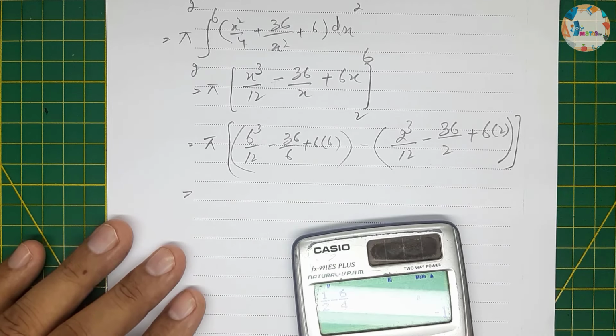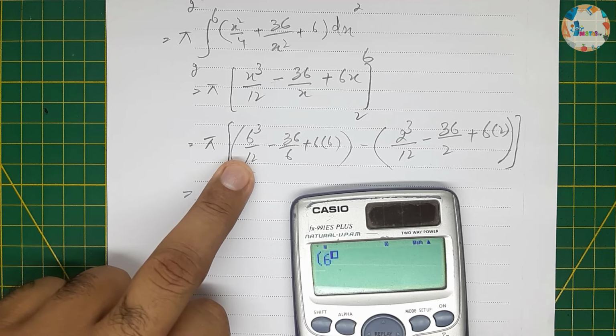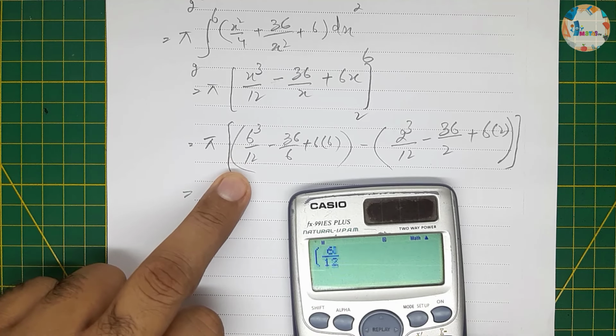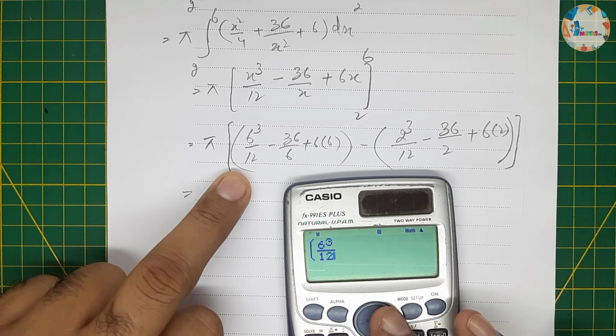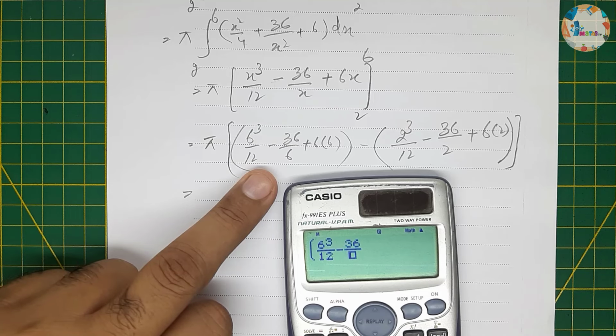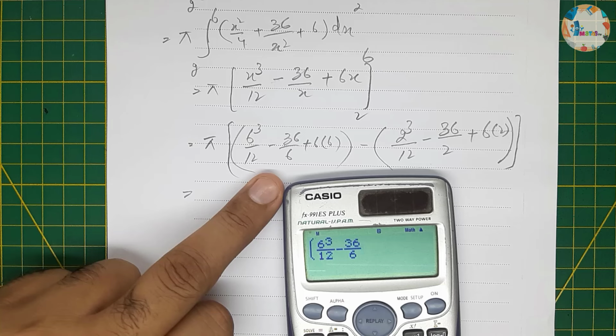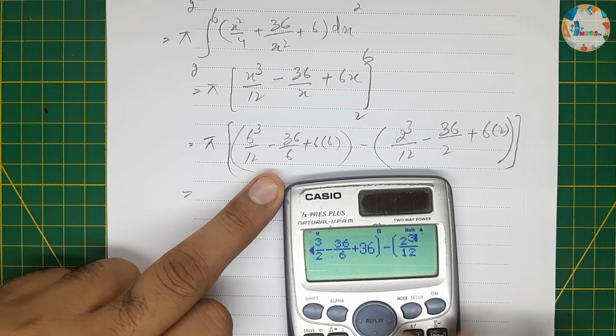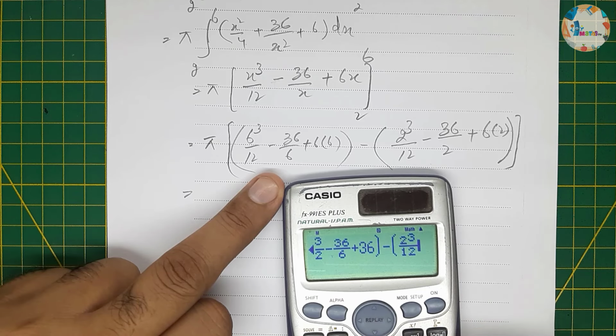And now we can just type this to find: 6 cubed over 12, raised to the power 3, minus 36 divided by 6, I'm just typing for convenience, plus 36, and the bracket is closed, minus the second value: 2 cubed over 12, it should be 3 basically, then minus 36 over 2 which is 18, and plus 6 into 2 which is 12.